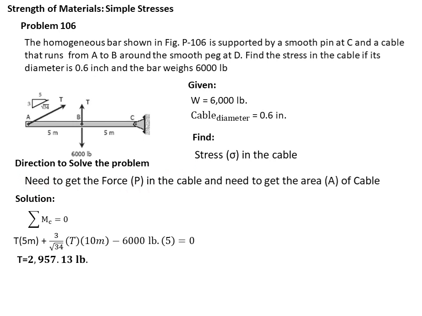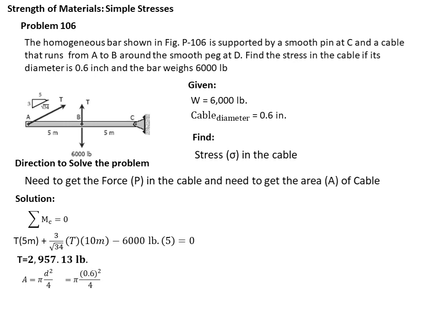Okay, so we already get the force P in the cable. So we only need to get the area of the cable, so we can solve the stress. Okay, so let's get the area of the cable. We all know that it is basic that the area of a circle is pi d squared over 4.